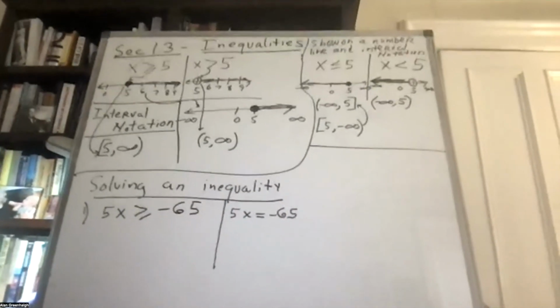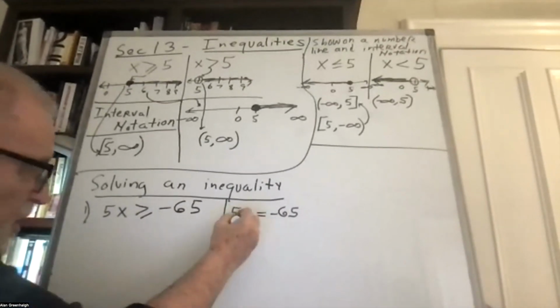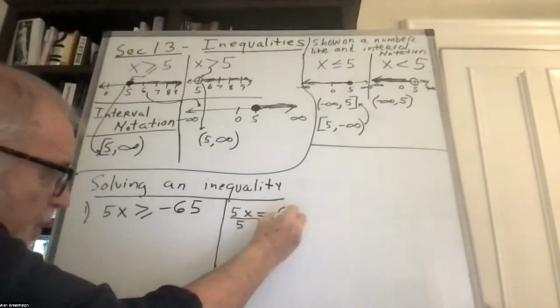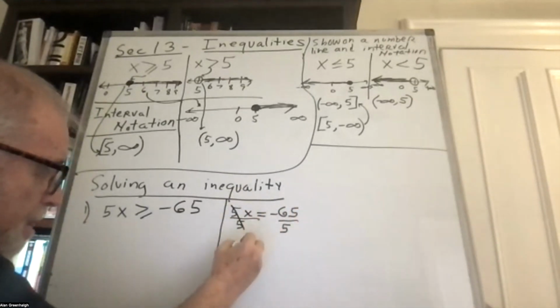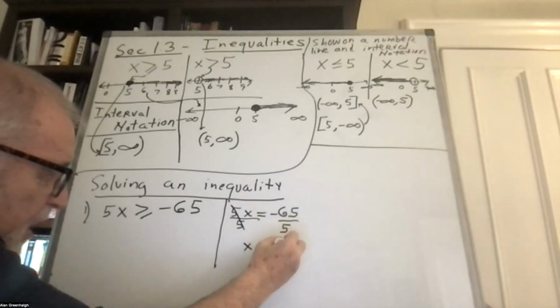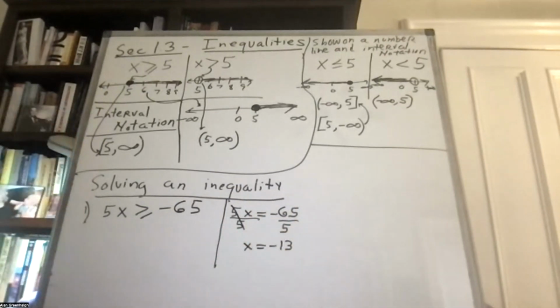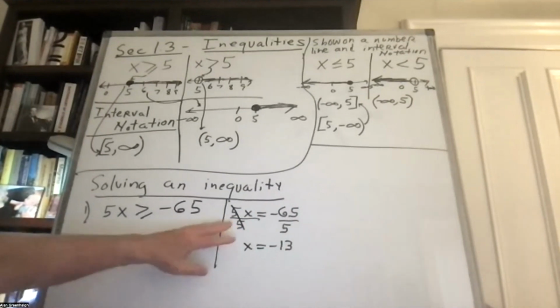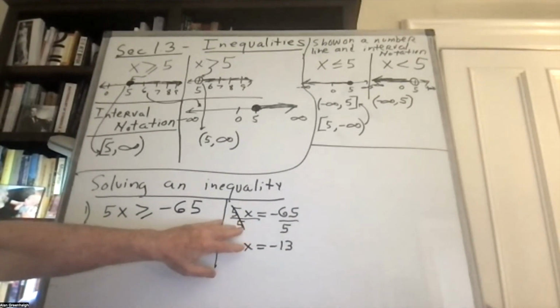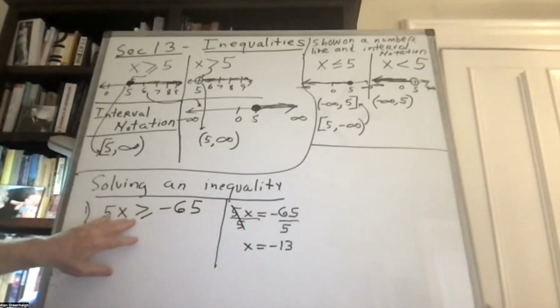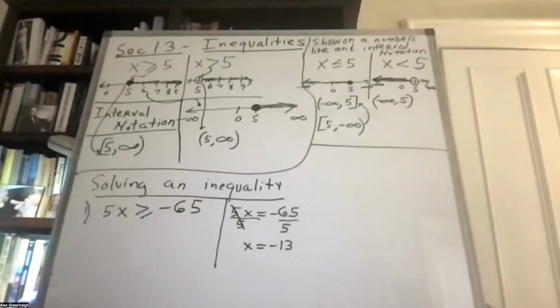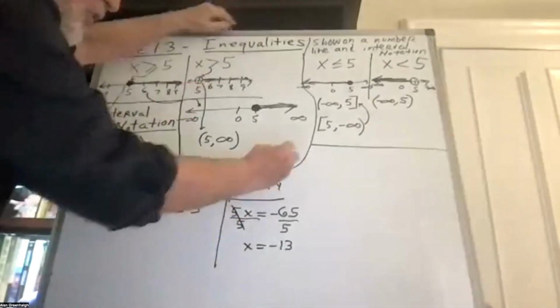And if we had a problem like this, you would solve it by dividing by 5 and you get an answer. So the question is, everything we could do to an equation, can we also do to an inequality? Well, let's see if that's true.